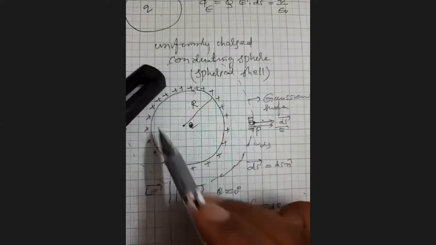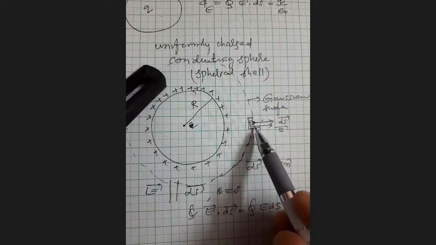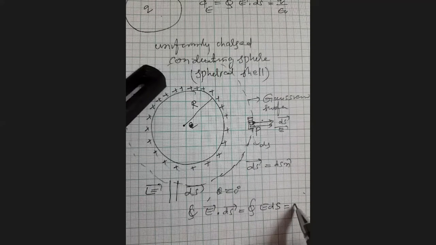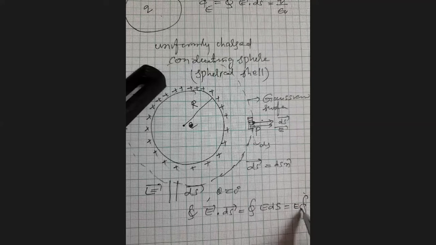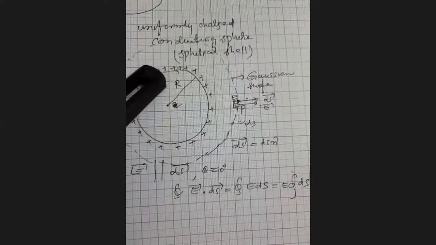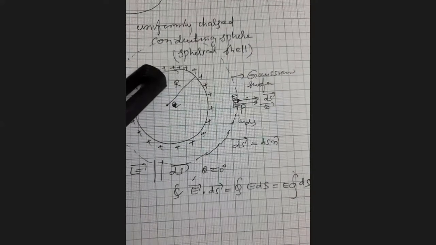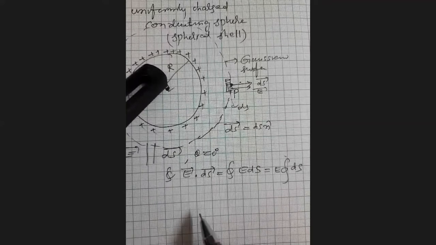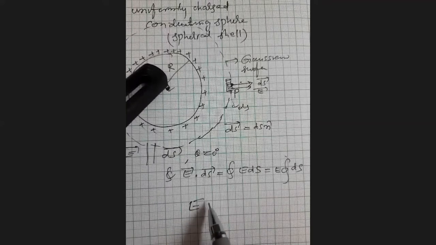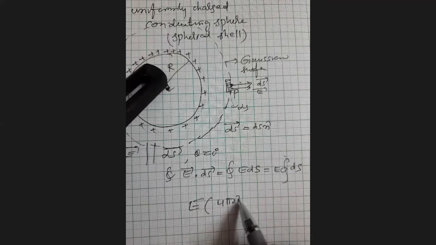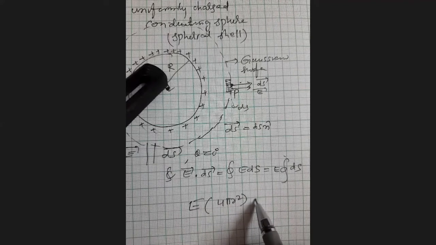The field strength at every point on the spherical surface remains constant in magnitude. Hence, you write E outside the integral, surface integral ds. So what is the total surface area? That is E into total surface area 4 pi r square, equation 1.